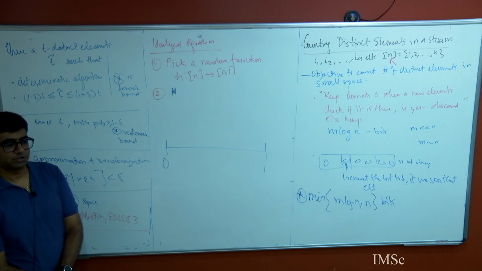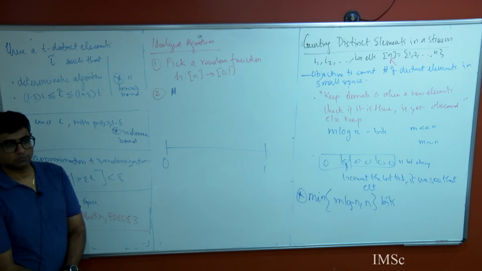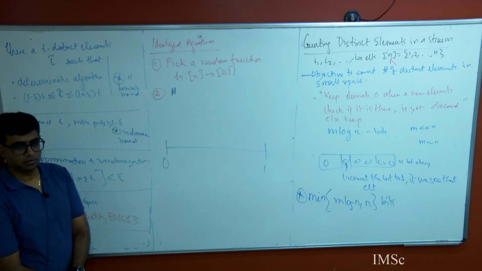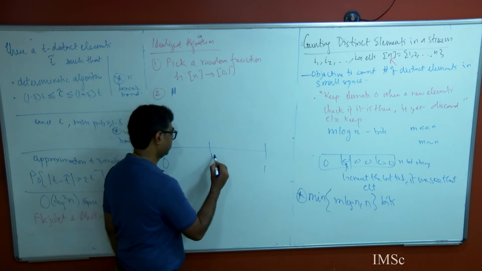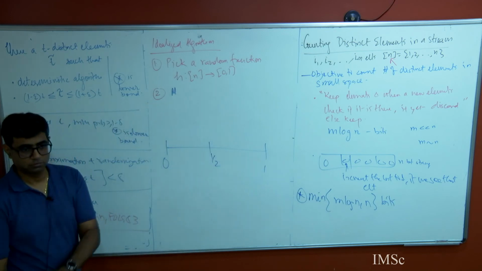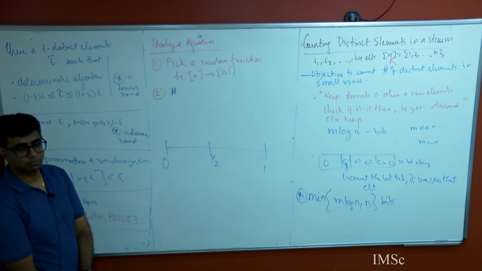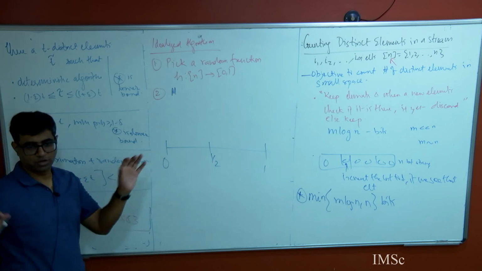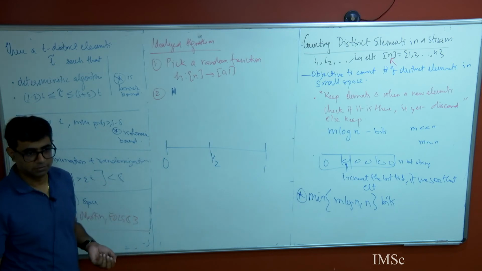What do you expect a random function to be? Where should it be, roughly? Where will these two points be with very high probability?